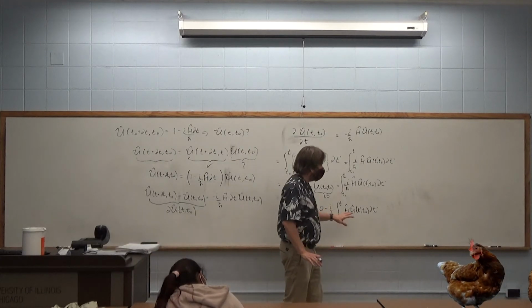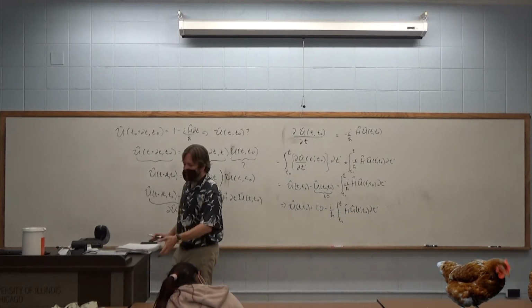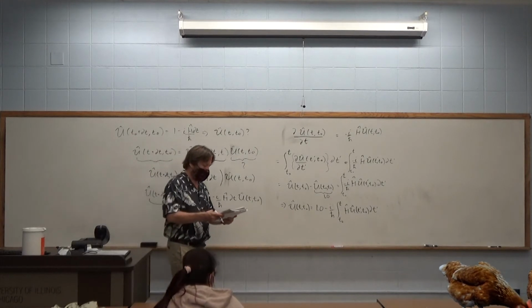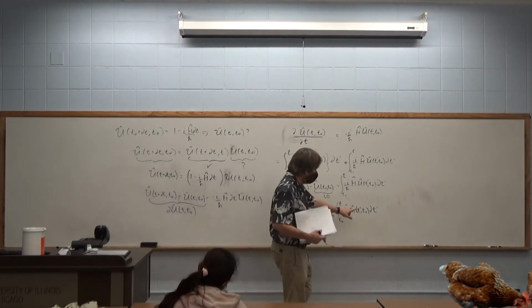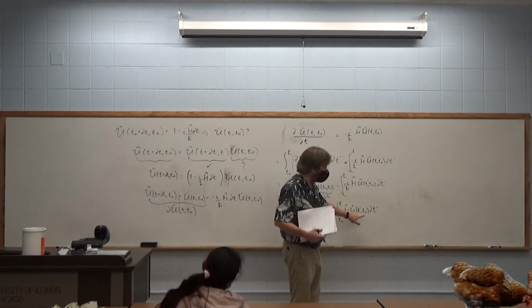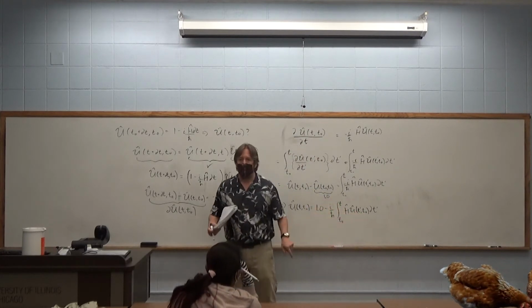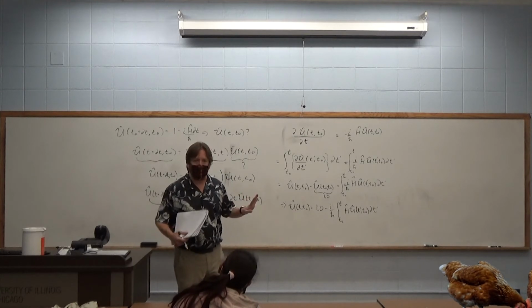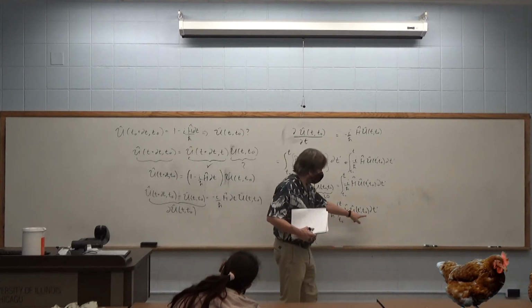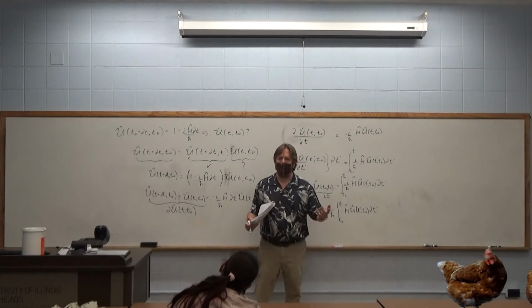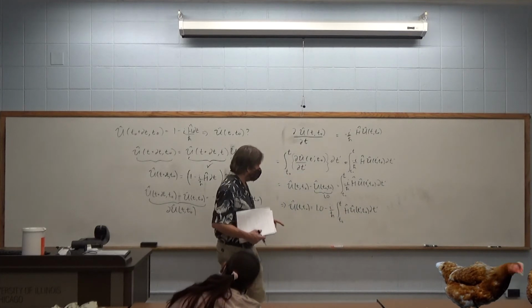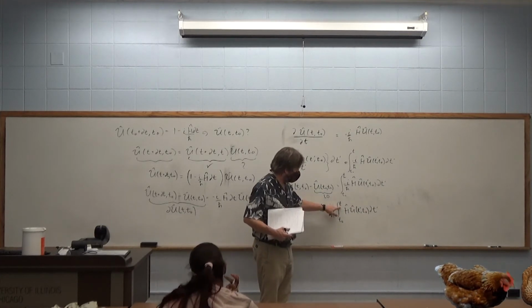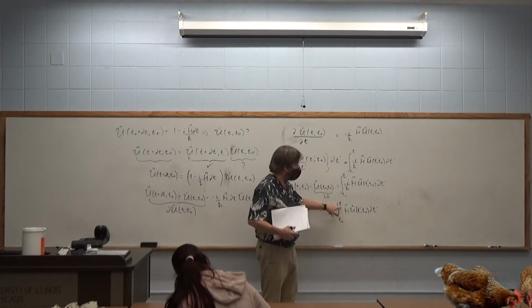I got no good way to deal with this, but this is what you do. What I'm looking for is t naught to t naught plus dt, and that's our regular operator. And then I can stop. This ain't it. This is t naught to some future time. I guess it'd be between t naught and t.